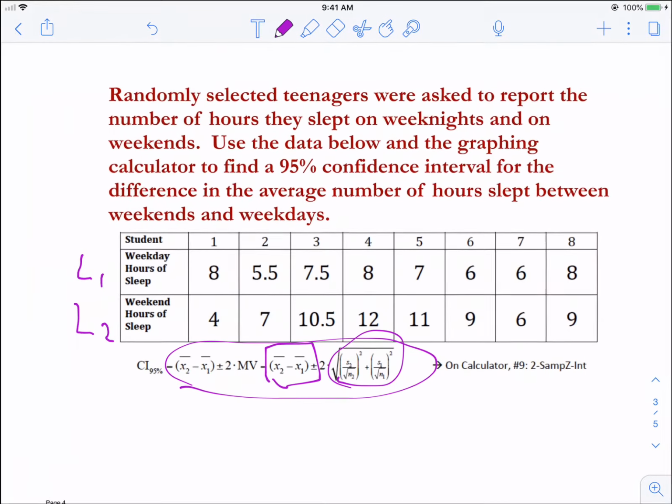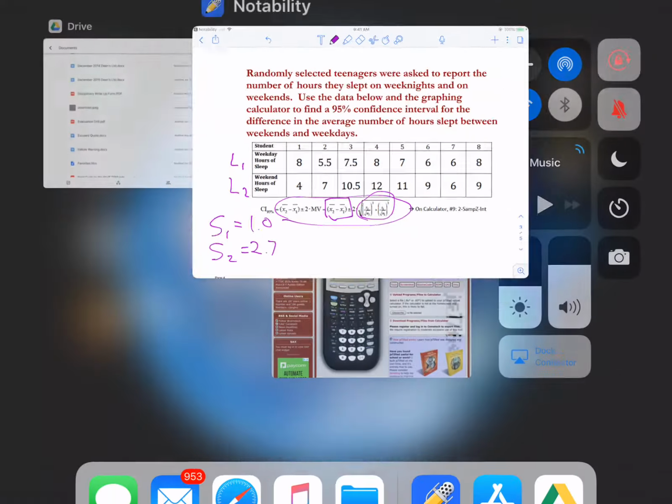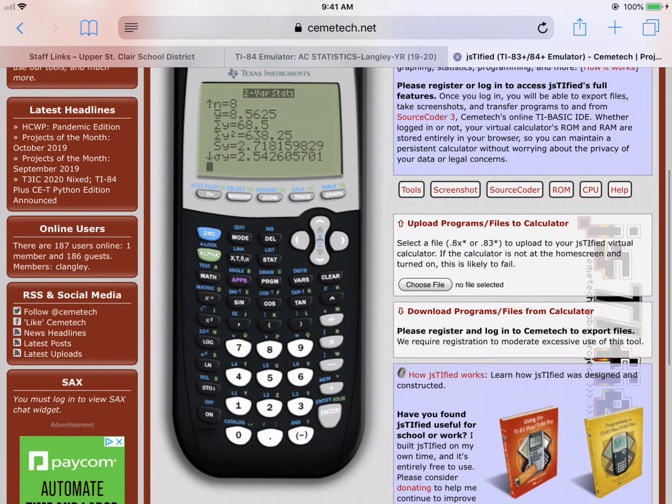So I should have mentioned that earlier, but we have S1 is 1.0 and S2 is 2.7, because we do need to tell the calculator this. This goes back to the whole thing where ideally you're using the population standard deviation if you have it. We don't, so we're using sample standard deviation.